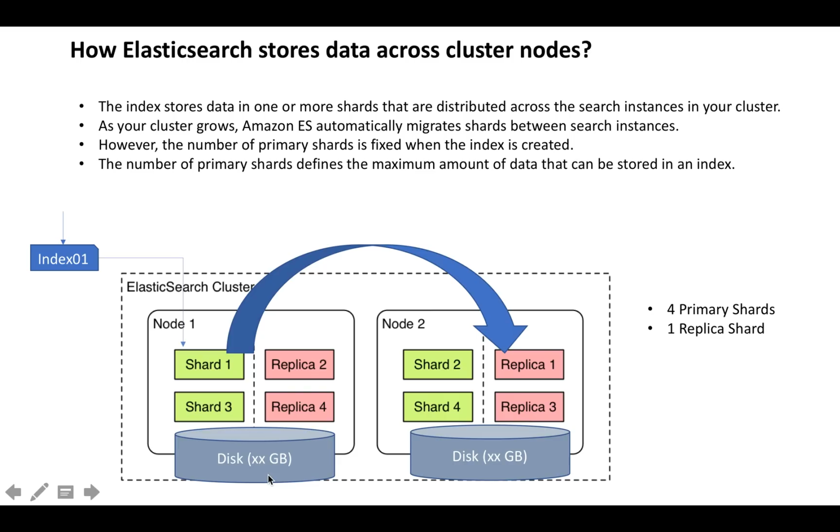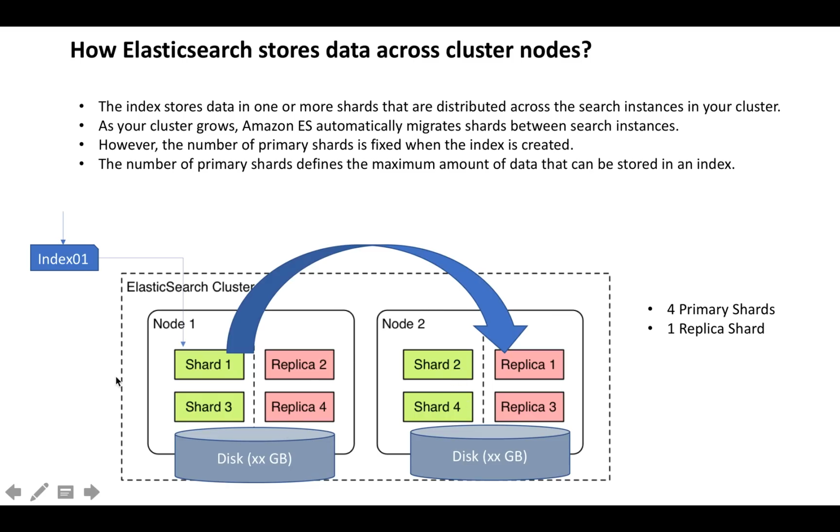And in fact, you can have more than one replica also. The replica is nothing but a duplicate copy. So if shards 1, 2, 3, 4 are all consuming 10 GB of data, your replica is going to be another 10 GB. So remember that. If you create 10 replicas, you're going to have 10 copies of your production data. So that size needs to be considered.